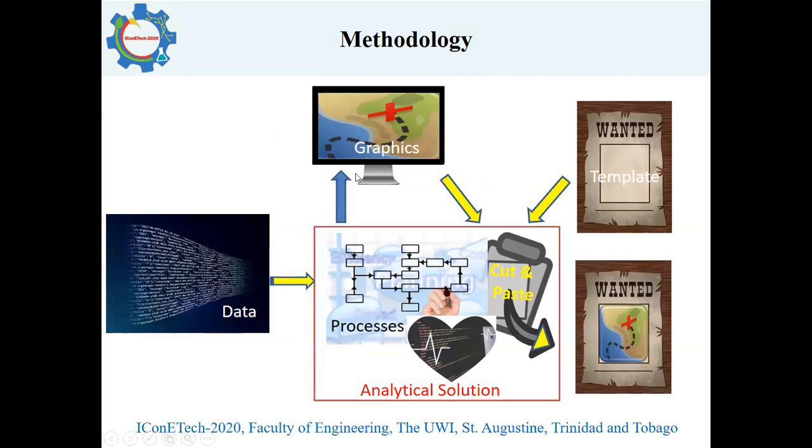Right, so the methodology is whereby data can be processed by some analytical solution that will create graphics. Thereby, the analytical solution will take the graphics, take some templates, use a cut and paste approach, and create the final map that we want.